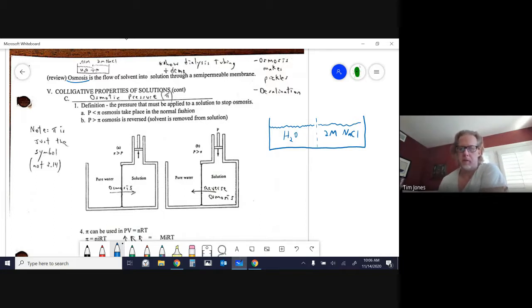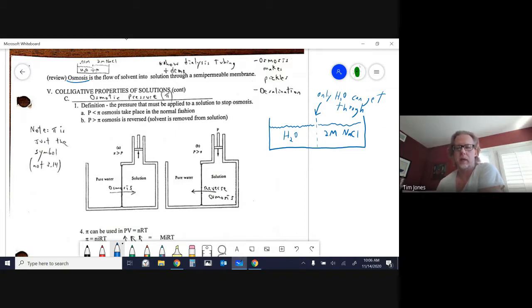And let's say that this membrane, the semi-permeable membrane, only allows water to move. So only water can get through. So the salt particles can't. What happens here is that nature doesn't like this.